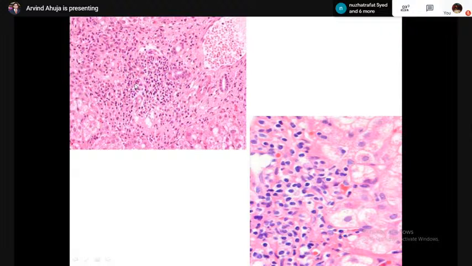Other portal tracts were showing inflammation along with interface activity. There is spillage of the mononuclear cells into the adjoining hepatocytes. This is a high power view of the same, showing spillage of the lymphocytes into the adjoining hepatocytes, and there is ballooning of the hepatocytes with rarefaction of the cytoplasm.